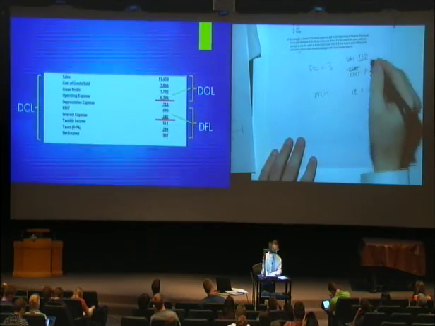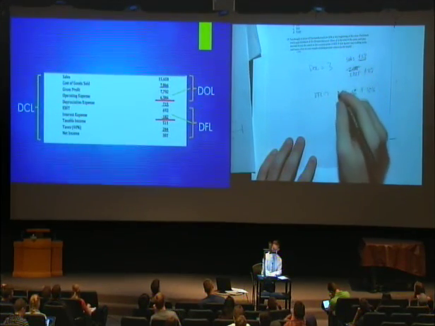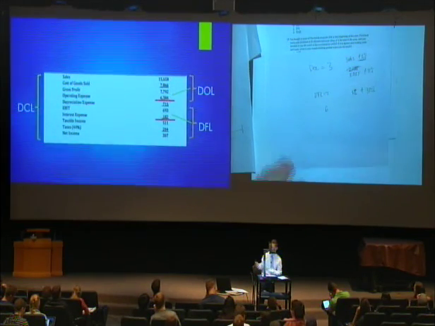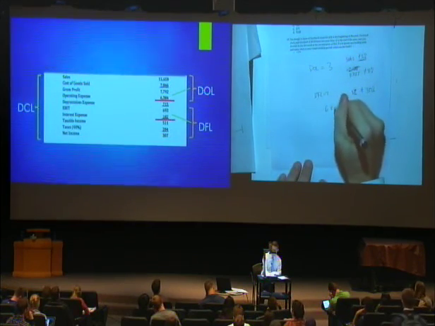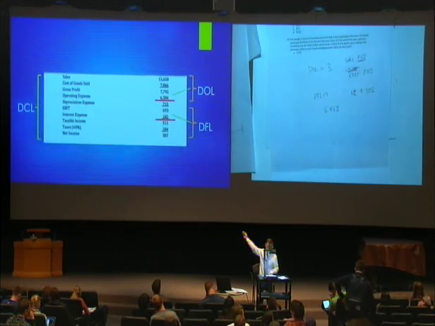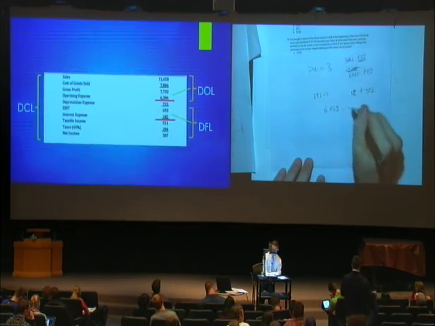So you can either go each step or just say 2 times 3, that is 6. So my net income is going to be 6 times the 5%. The DCL on the left side, you can go from the top to the bottom. You just multiply it across. That will also give you the 30%.